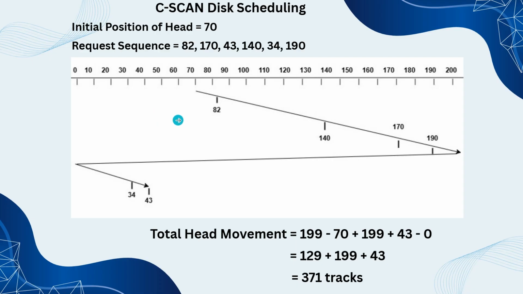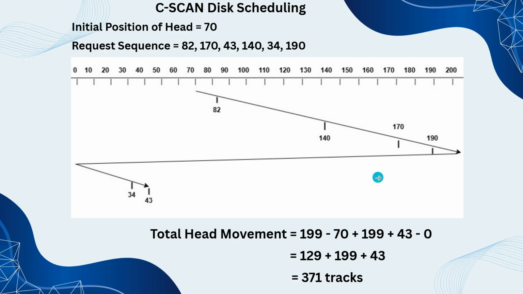So first it starts from the track 70 and moves towards the right. It serves the requests 82, 140, 170 and 190. So it reaches the end of the disk at 199. Then it jumps to the beginning of the disk, 0. Then now it reverses the direction and moves towards the left.